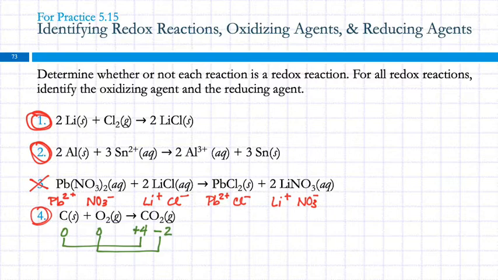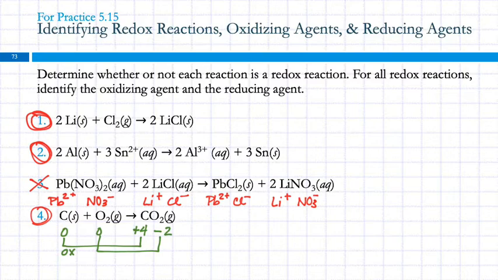So any questions about identifying the redox reaction? Now it asks us to identify the agents, the oxidizing agent, the reducing agent. Since we were just talking about this one, let's start at the bottom and go up. The carbon is going from 0 to +4. Is the carbon being oxidized or reduced? Oxidized. I'm just going to call that ox. And the oxygen is going from 0 to -2. Its oxidation number is going down.